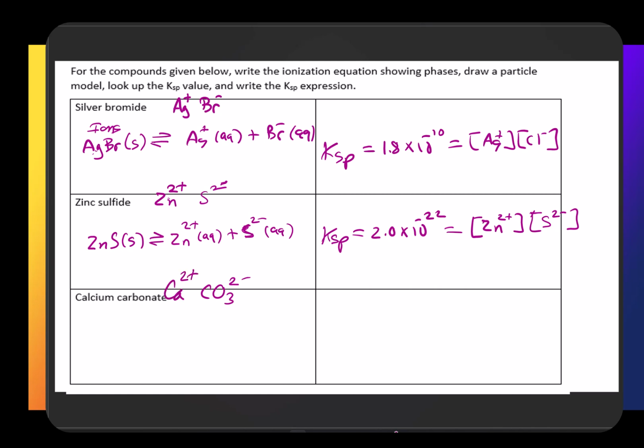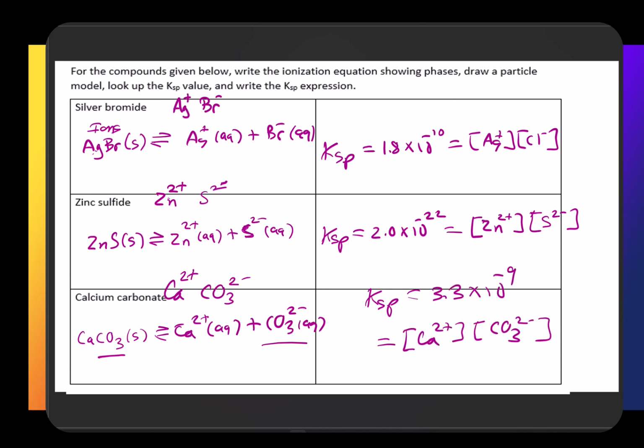Again, we just need one of each, so our reactant is CaCO3, solid, equilibrium, calcium 2+, and carbonate. Remember, I said polyatomics don't break down. We have carbonate, CO3 on the reactant side, and the same thing on the product side. KSP for this, each one to the power of 1 because the stoichiometric coefficients are 1.